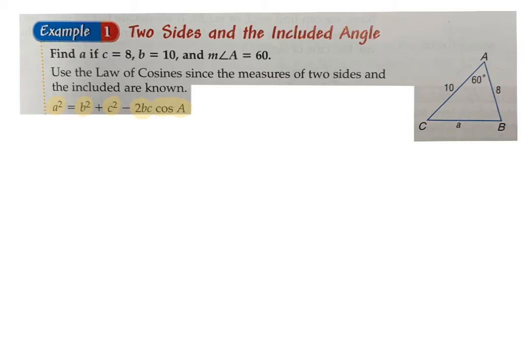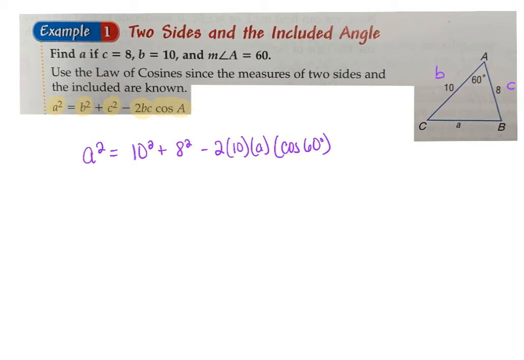In this case, A squared is going to equal B squared. So B is opposite of B, C is opposite of C. 10 squared plus 8 squared minus 2 times 10 times 8 times the cosine of my A, which is 60.